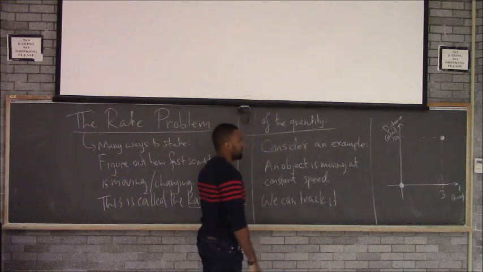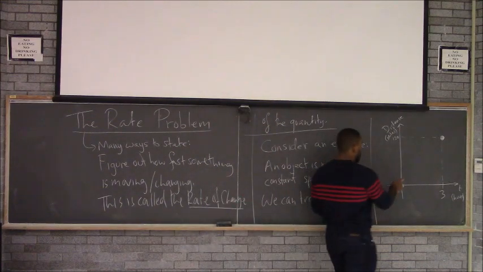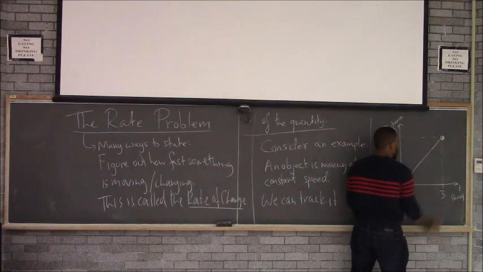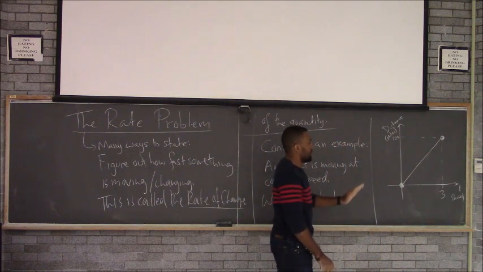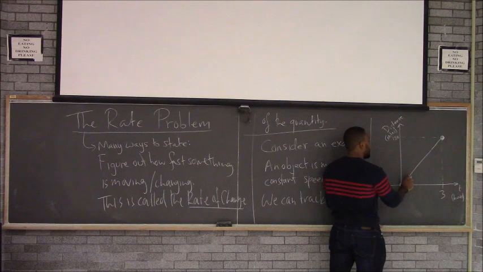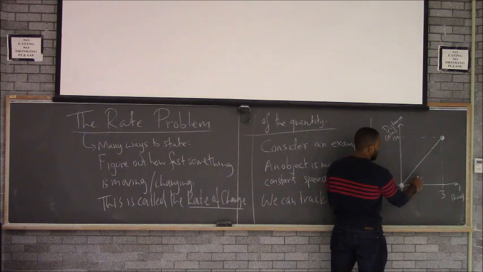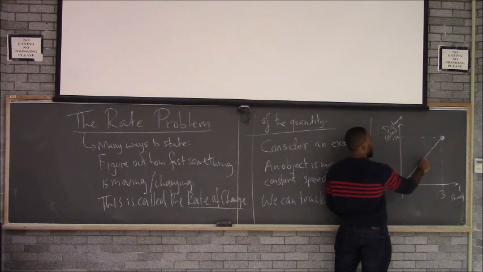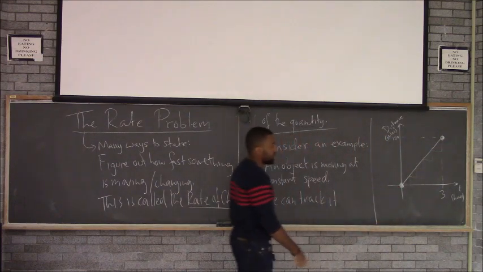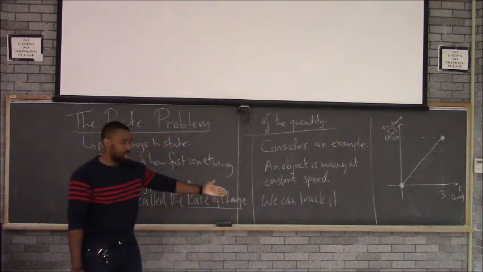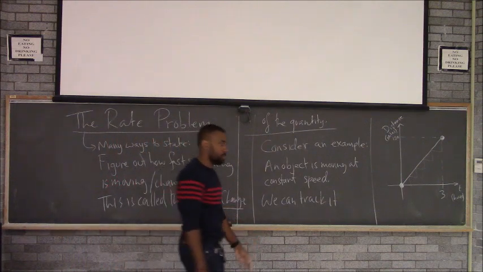Now it's moving at a constant rate, so this would be expected to be a straight line. It's not speeding up or slowing down. Every time you move a certain unit, the distance you travel is going to be the same all the time, because it's moving at the same speed all the time. So I realized that a straight line would be the best way to model this particular situation.